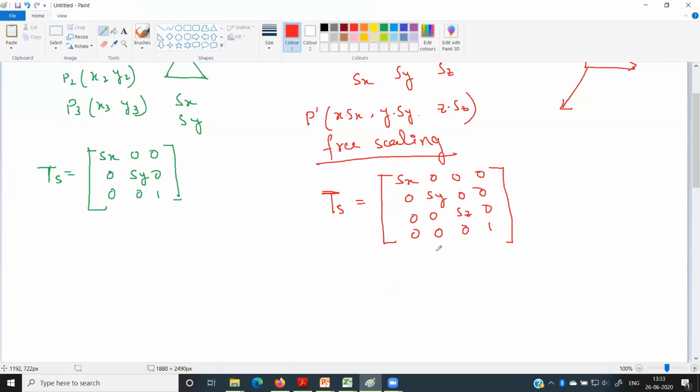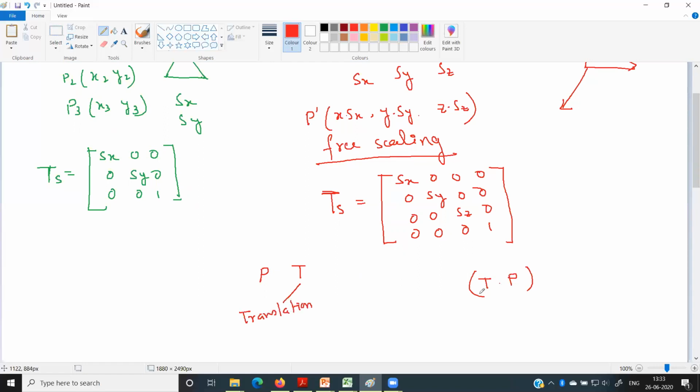And remember one thing, if you want to do the scaling using a fixed point, it is very simple. You have the point set P, you have the translation matrix T. So what you have to do? First, you perform the multiplication of T with P. So T is my translation matrix.